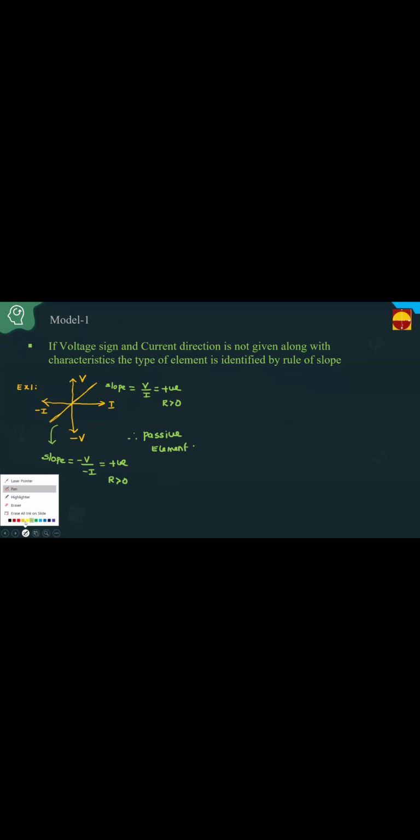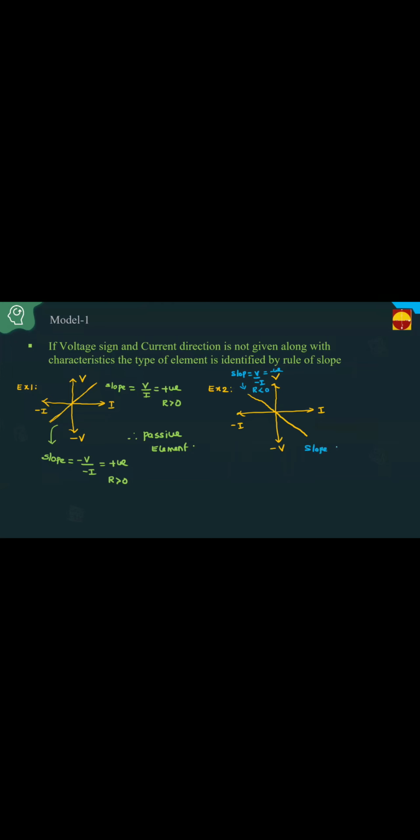For example, one more example. If the characteristics are given like this, with V, minus V, I, minus I, what are the slopes? Slope equal to V by minus I. That is the negative slope, that is R less than 0.